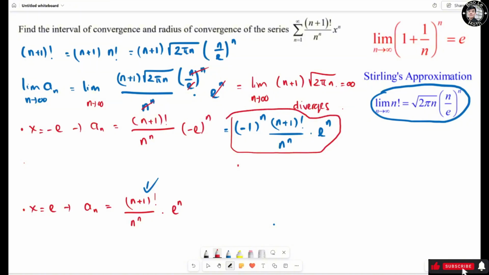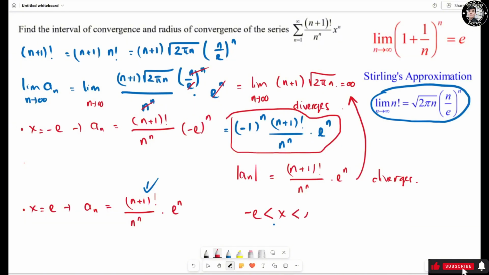But the absolute value of a_n is (n+1)! over n^n times e^n, which diverges by the proof above. So your interval of convergence is negative e less than x less than e, and the radius of convergence is e.